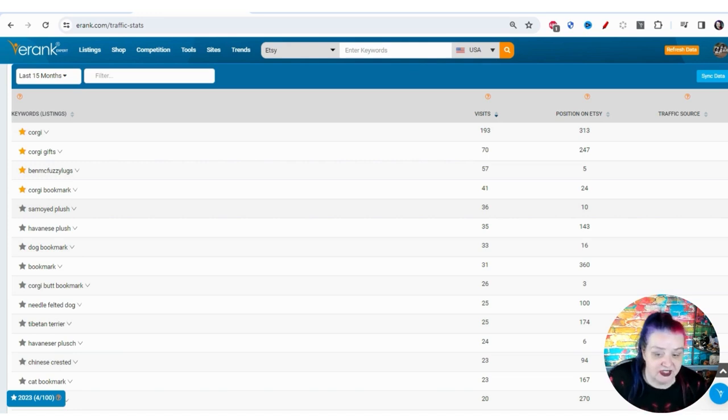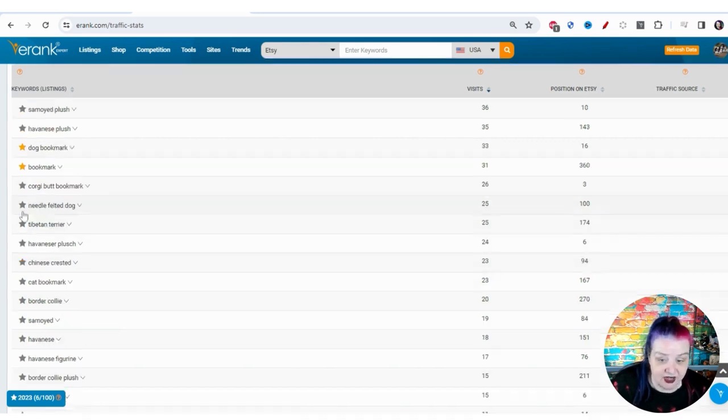So I'm going to go through these: Samoyed plush, Havanese plush. I don't make plushies. That's just people being silly. Dog bookmarks, good. These are keywords I want to follow and have a look at.